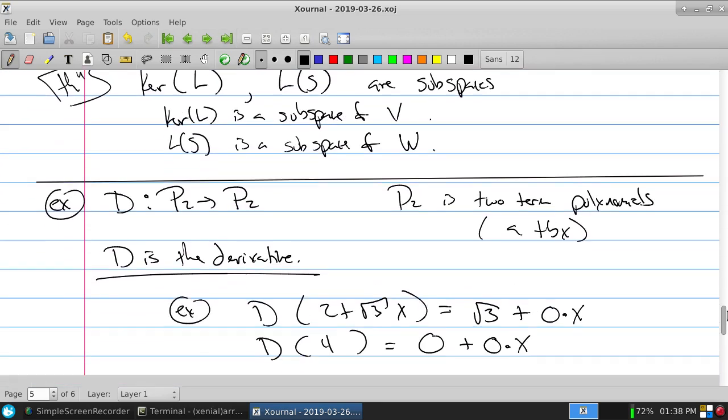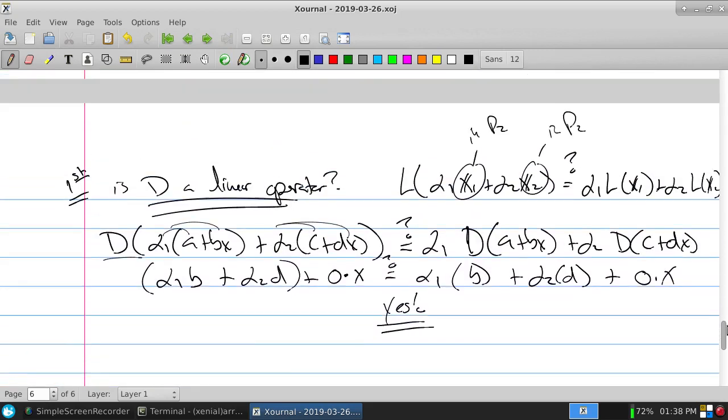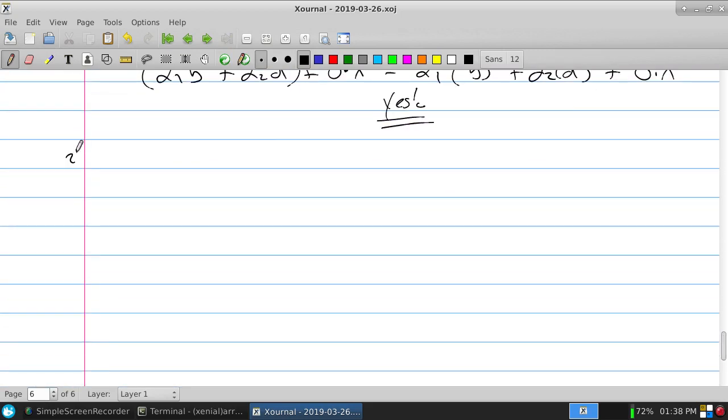So we can always check that. What else could we check on this? What do you think the kernel is? What is the kernel asking? What goes to 0? I want what goes to 0.